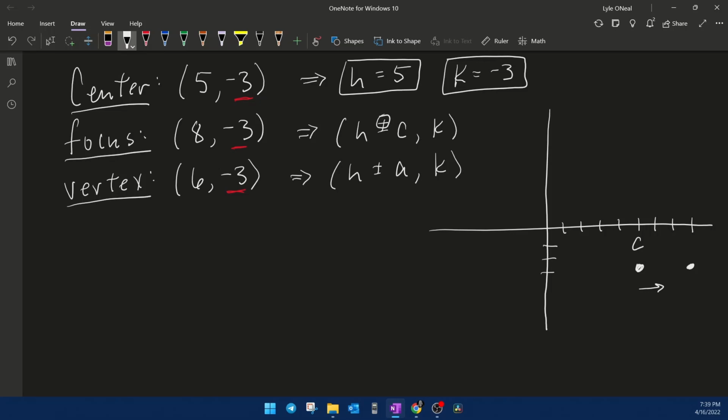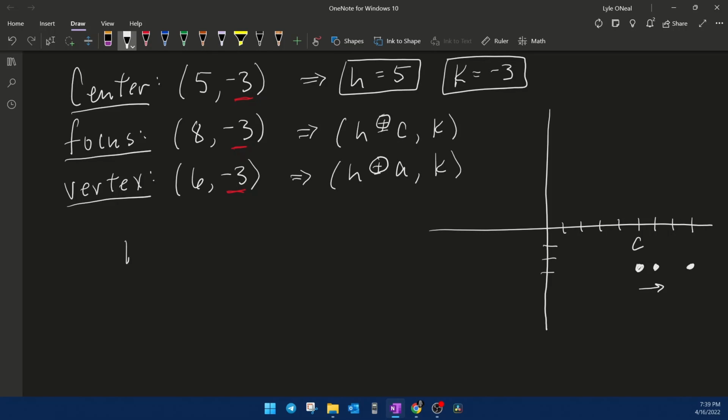Because it's to the right, it has to be the larger of the two foci, and so it's going to be the one that's h plus c. The vertex is also 6, -3. And so if I plot him, again, he is to the right of the center. And so he's going to be the plus also.